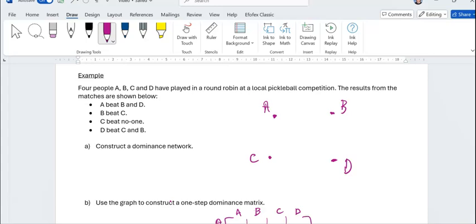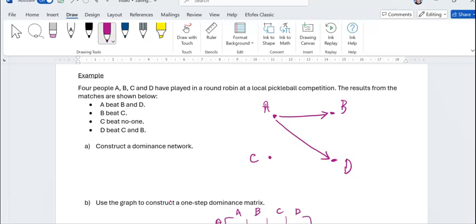We're told that A beats B and D. When A beats B, for example, the arrow will point towards the loser. So A beats B means the arrow points from A to B. If A beats D, we'll also have an arrow pointing towards D.